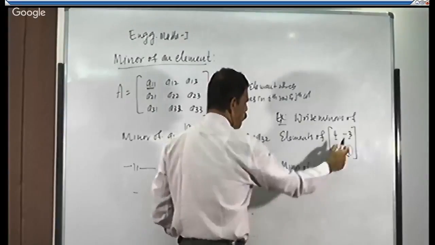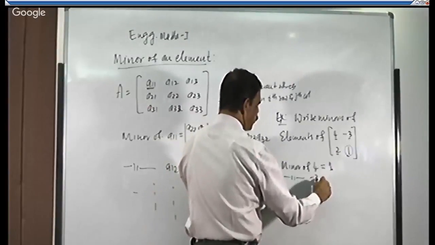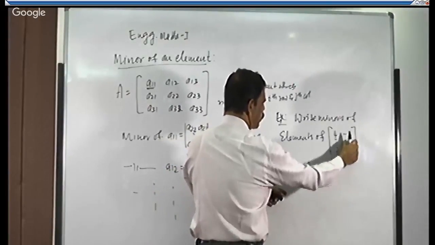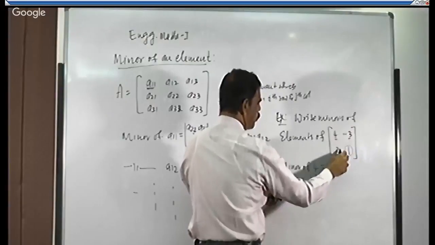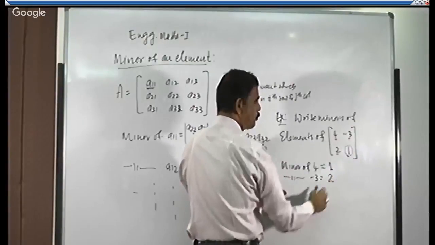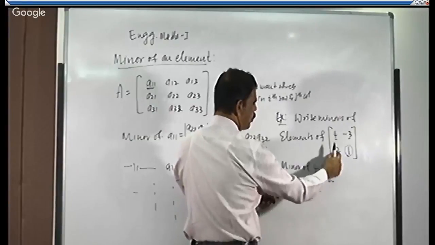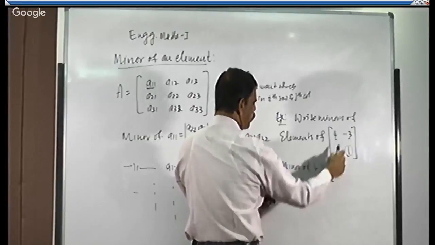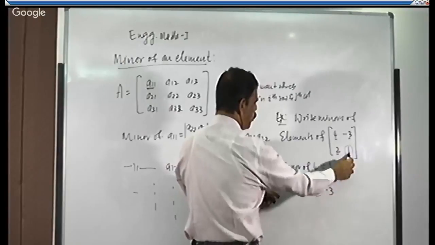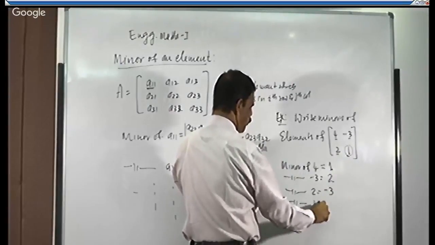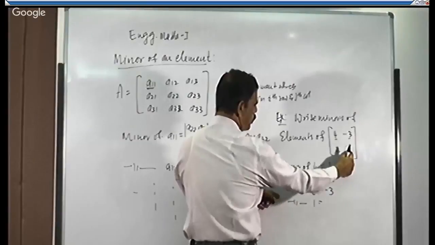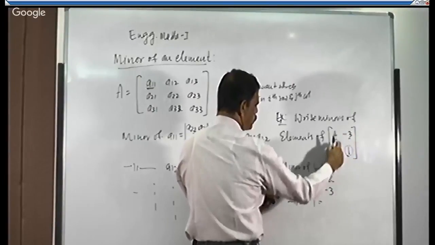Next, minor of -3: leave the corresponding column and corresponding row. The remaining element is 2. Minor of 2: leave the corresponding column and row. The answer is -3. Minor of 1: leave the corresponding column and row. The answer is 4.